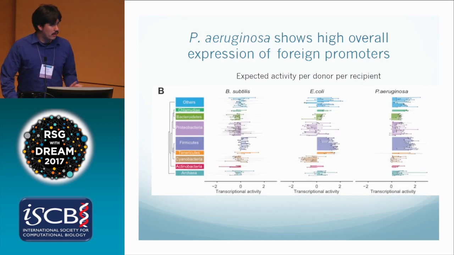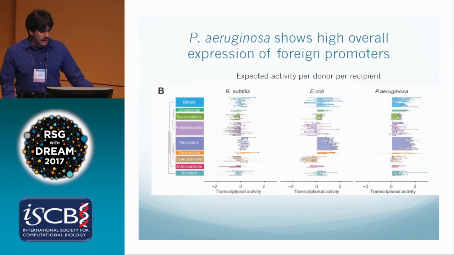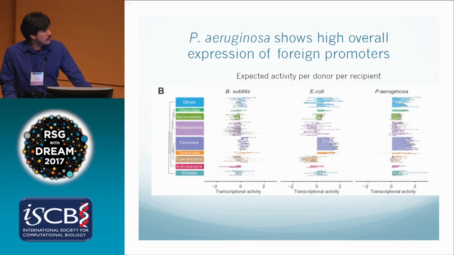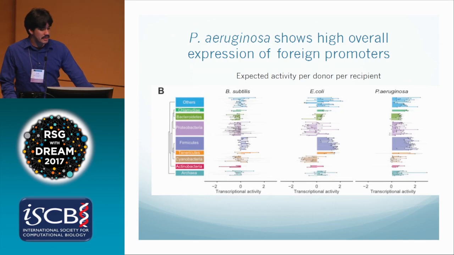And this is how it behaves when you compare. On the left side, I have a phylogenetic tree where I group the promoters according to the donor phylum. And on the right side, I have the 3 possible recipients and the expression level.